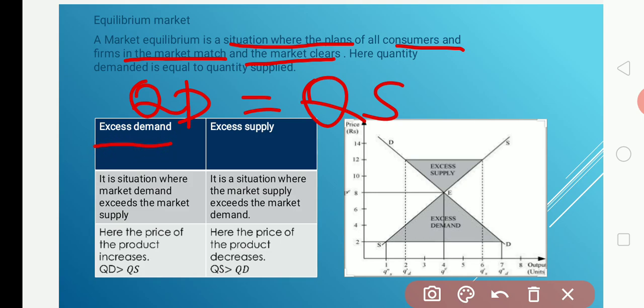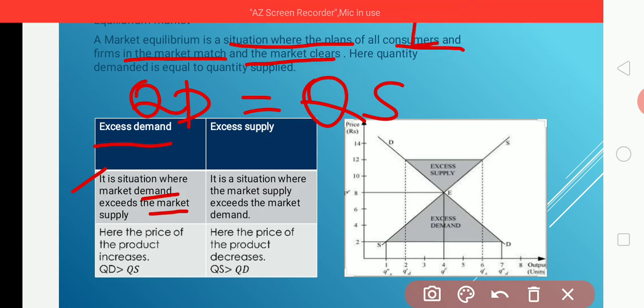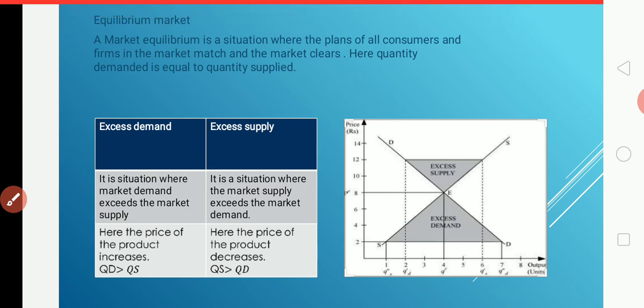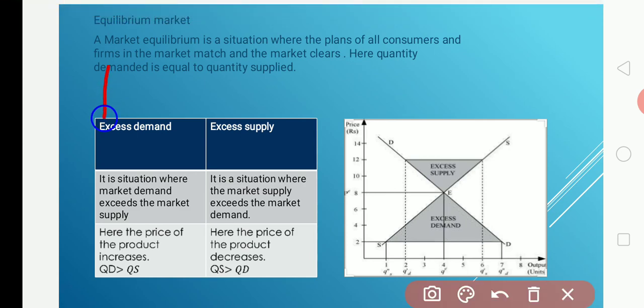Excess demand means it is a situation where the market demand exceeds the market supply. Excess means more demand. So you can observe in the diagram. You have to remember the basic concept from the second, third chapter. As we know the law of demand, when the price is less, the demand is more.